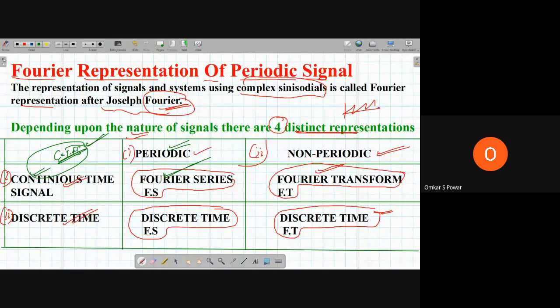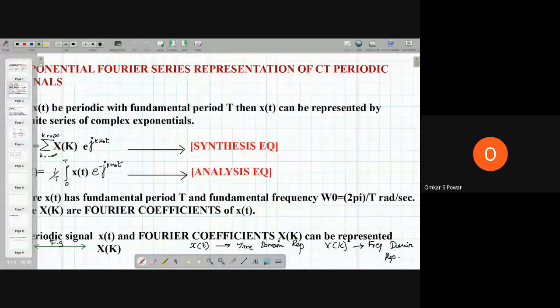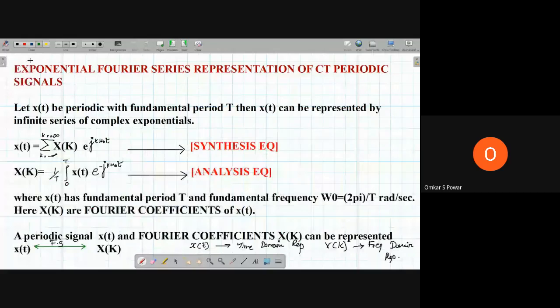Now, you can represent the Fourier series in terms of a trigonometric series, in terms of exponentials, or in terms of harmonics.